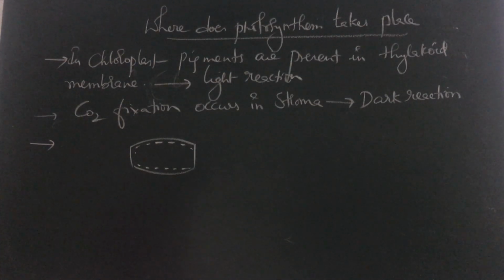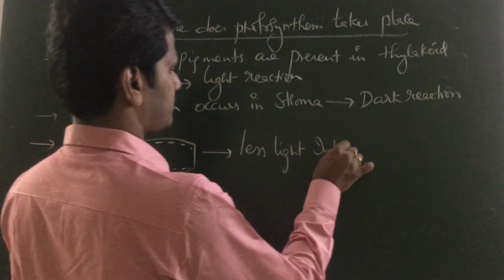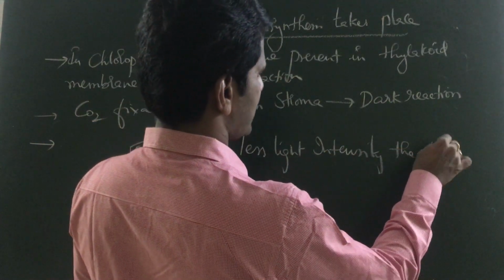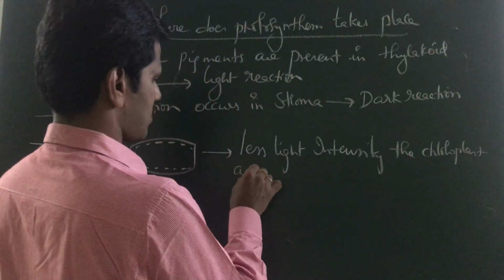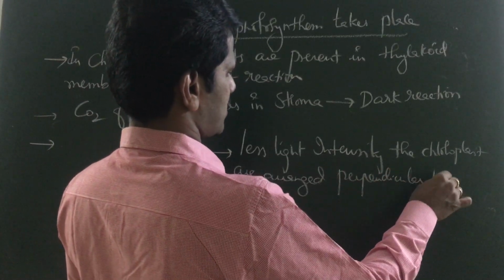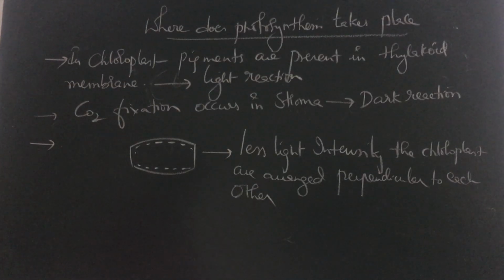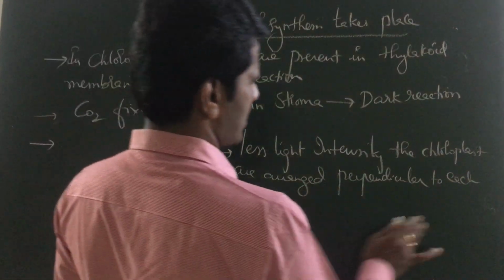During low light intensity, the chloroplasts are arranged perpendicular to the light.